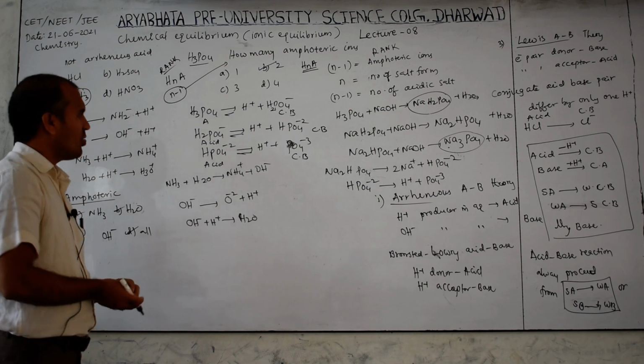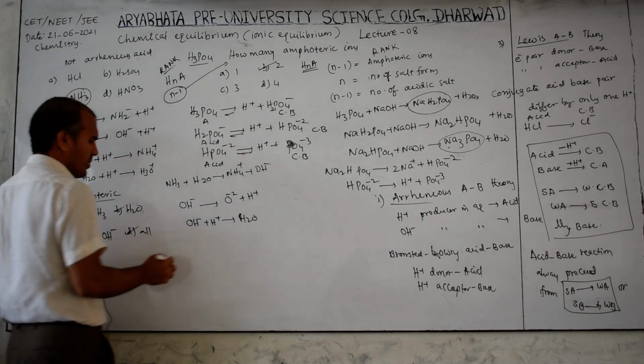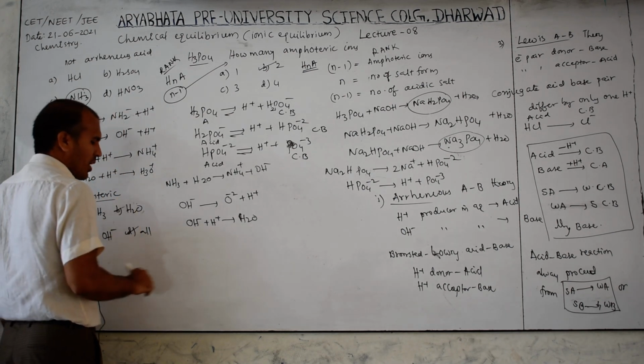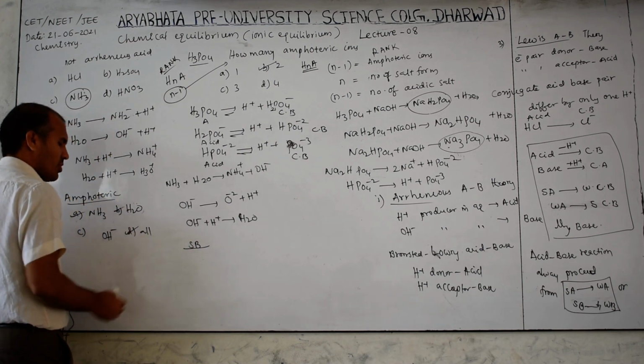So now we know strong acid and strong base. Now based on this, according to Bronsted theory, which of the following is a strong base? Question is, which of the following is a strong base?